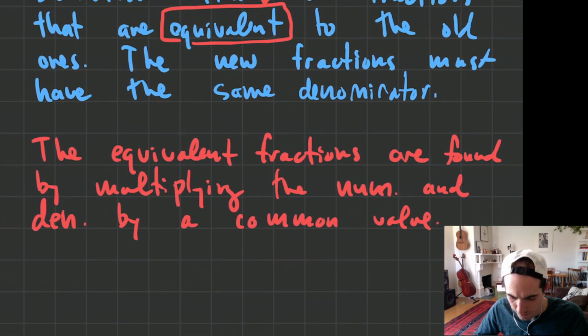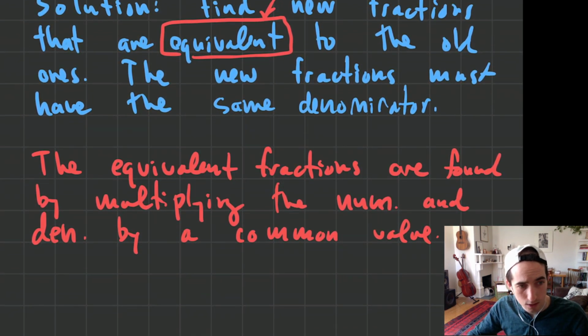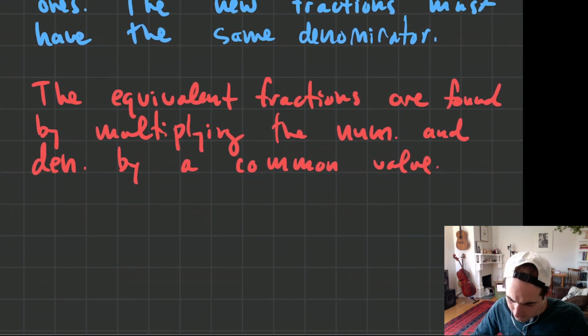Okay, and if you ever need me to slow down, like if you're writing along with me and I'm going too fast, just shout at me either on YouTube or on Discord. Just tell me to slow down. But the equivalent fractions are found by multiplying the numerator and the denominator by a common value.